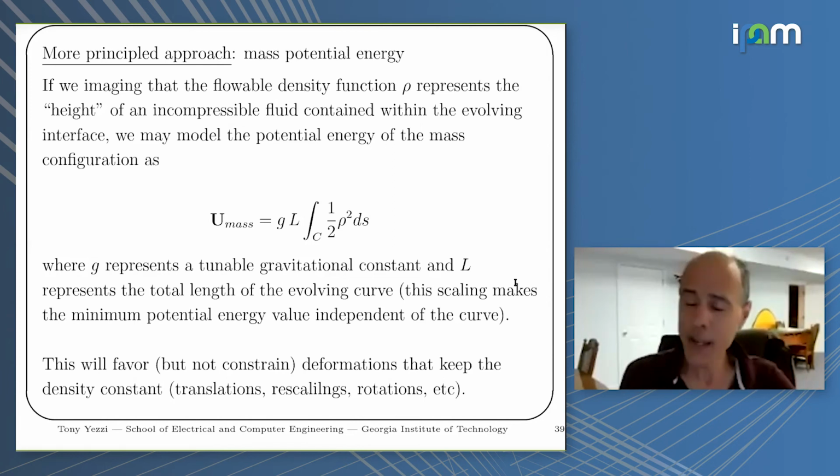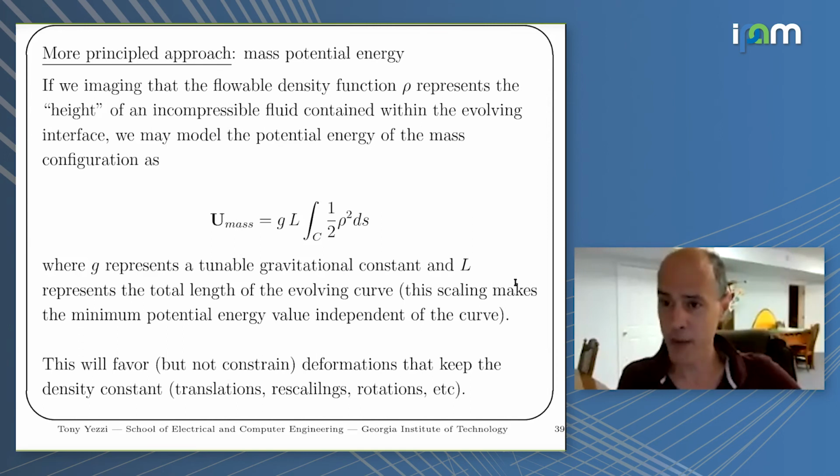In addition to the kinetic energy, you can have a potential energy distribution for the mass itself that's independent of the cost function we're trying to optimize, which doesn't depend on the mass, right? The mass is just there to help the dynamics.